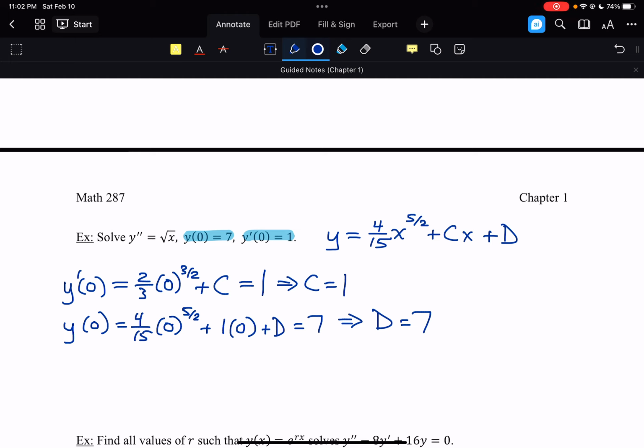It doesn't always happen that way, that the number is just whatever it's equal to. There might be other solving in here. It might not always be 0. So there are different situations that can arise, but that's what we get in this case. So our particular solution, the one that solves this differential equation and satisfies both of these conditions, is y equals 4/15 x to the 5/2 plus x plus 7.